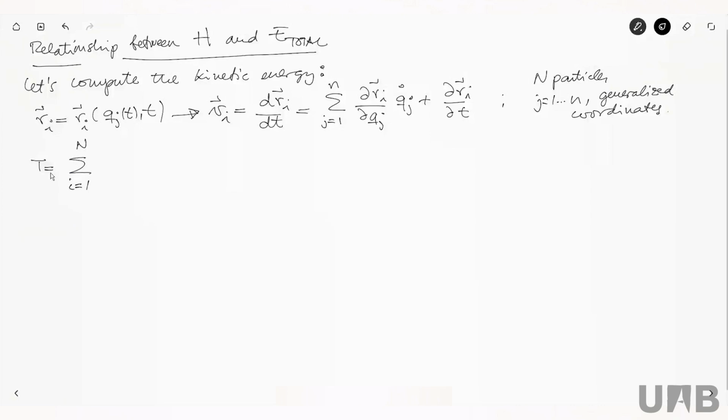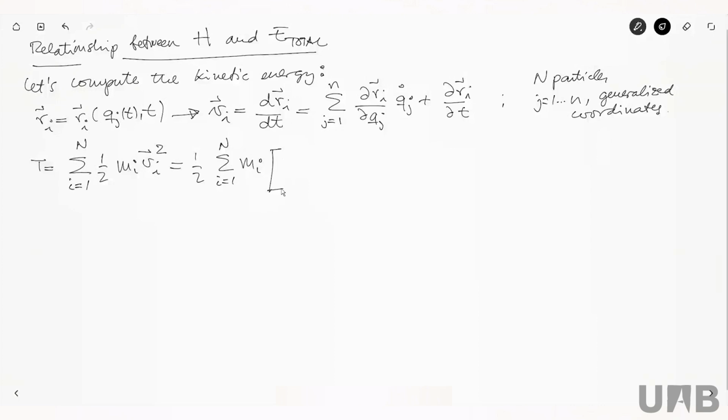So now the kinetic energy is the sum from 1 up to capital N, because I have N particles, of 1/2 times the mass of each particle times each velocity squared. In this case, this is 1/2 of the sum from i equals 1 up to capital N of the mass of each particle, and now I have to square the velocity.